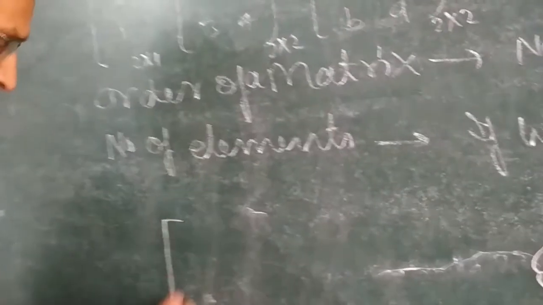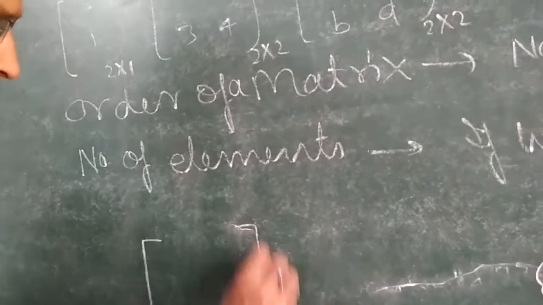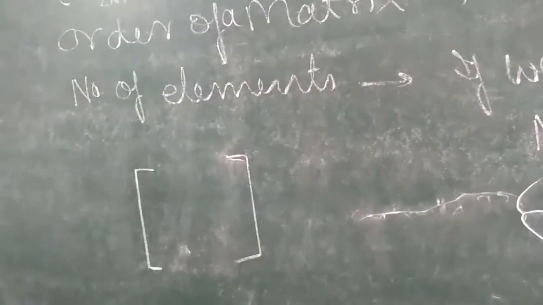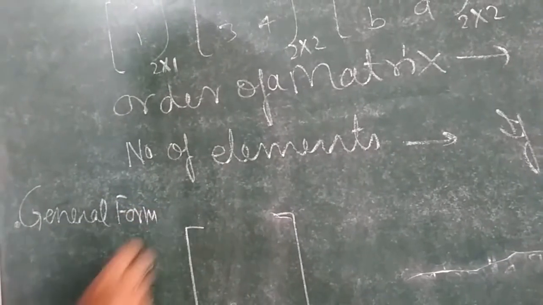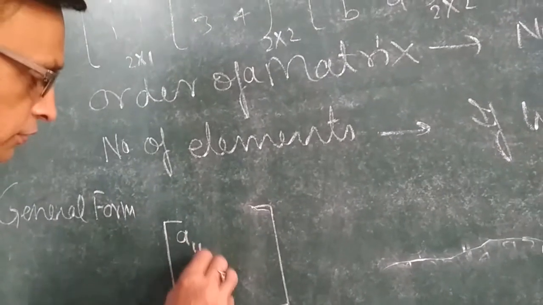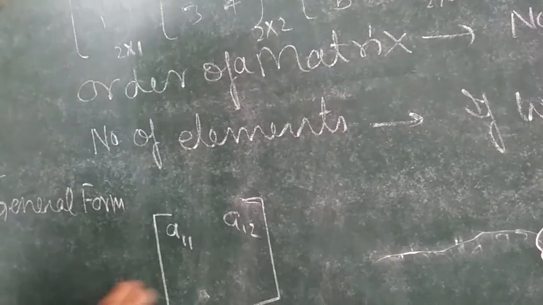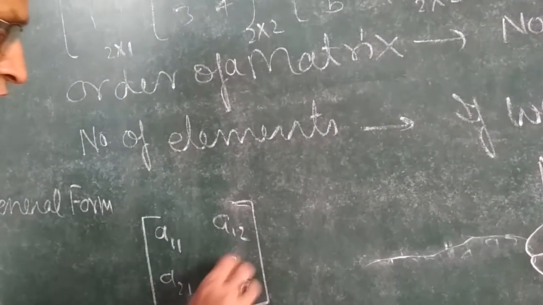Matrices are always written in this bracket. The way of representation is, we have to use this bracket. General form, how can we write? General form. It is A11, A12, A21, A22.